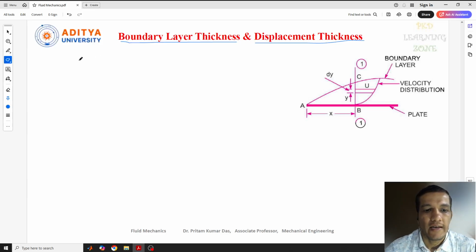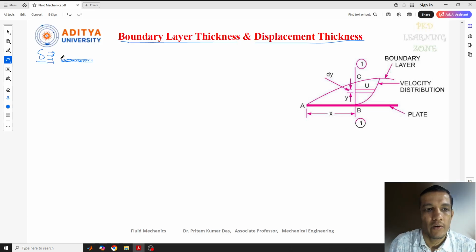The boundary layer thickness is denoted by delta. How is it defined? Consider a solid body, and the fluid is flowing over it. Suppose the solid body is not moving; it is in a fixed condition.